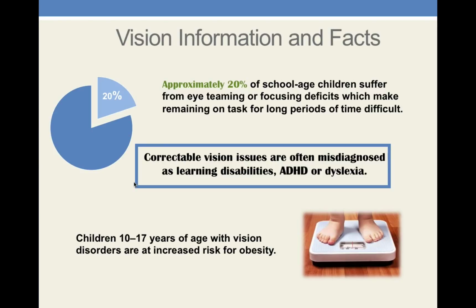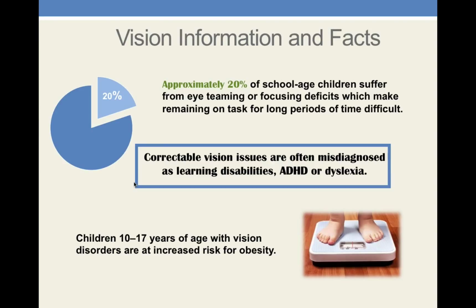So, again, trying to not get too much into the weeds here, but correctable vision issues are often misdiagnosed as either a learning disability or an attention-related disorder, sometimes even dyslexia, and that really frustrates me.